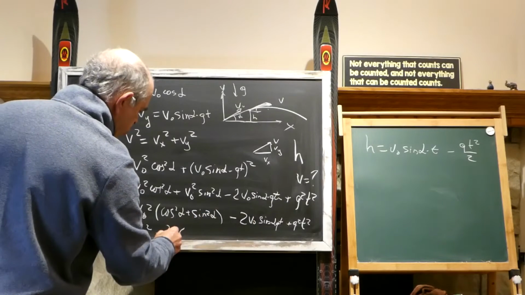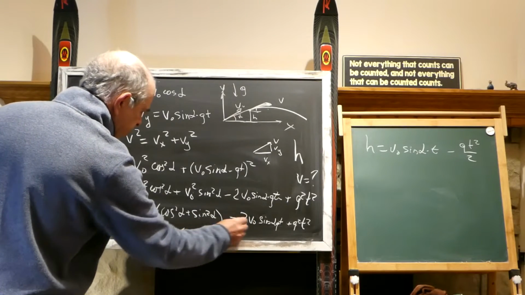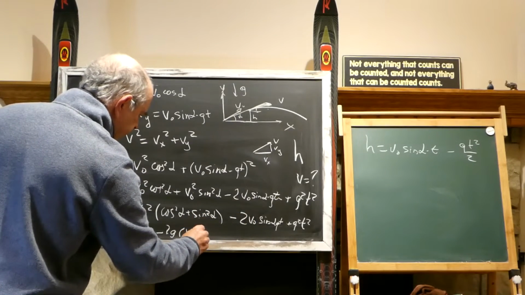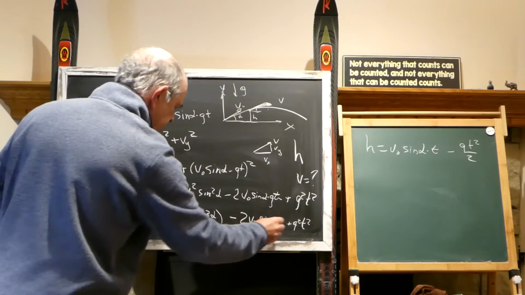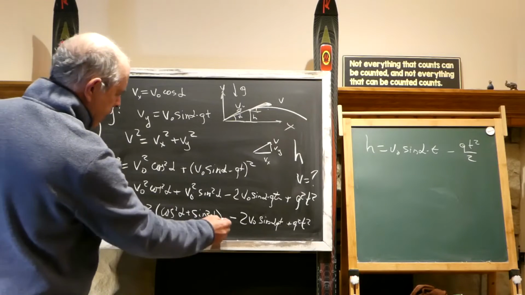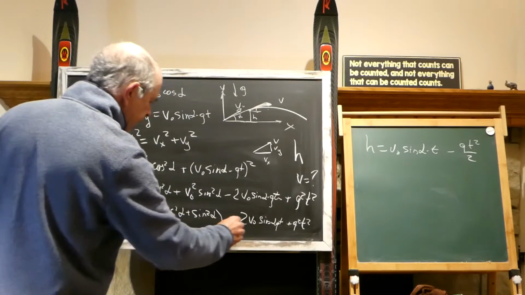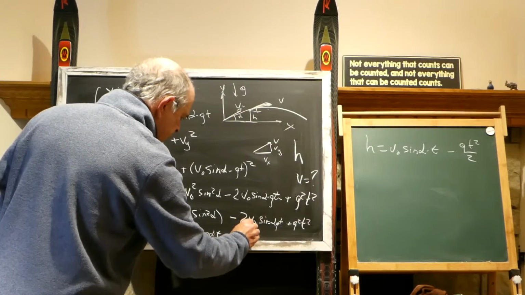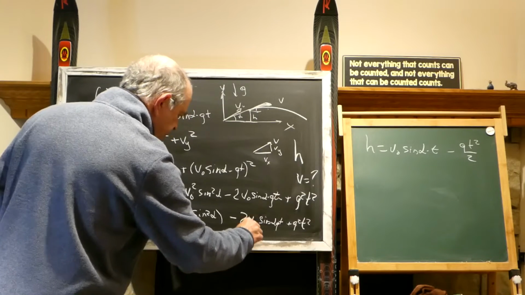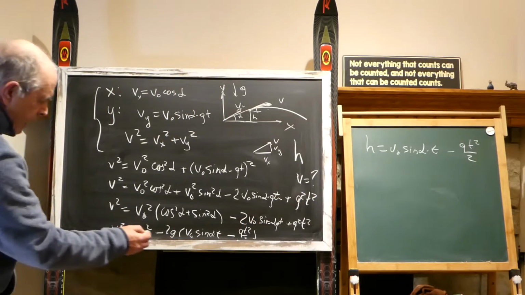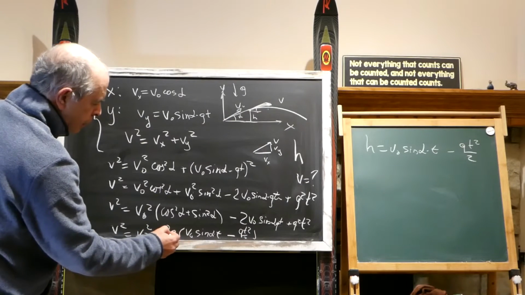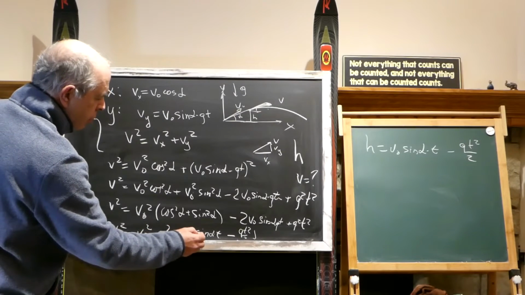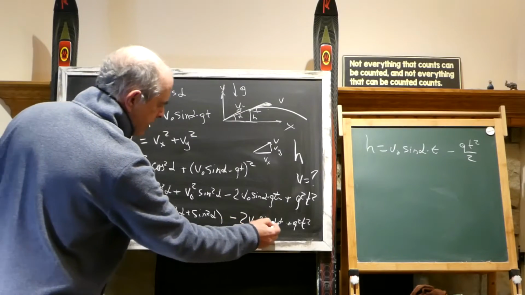If I factor 2g, I will have from here v0 sine alpha t, and here, since I have minus, minus gt squared over 2. So what I did here, I factored out 2g and minus, so here I multiply this, it will be minus 2g v0 sine alpha t, which is exactly this.